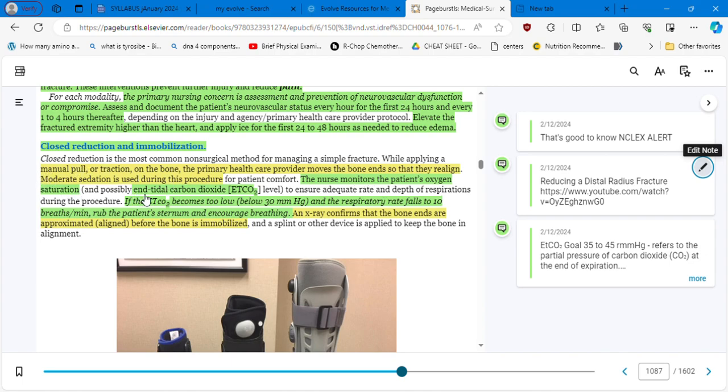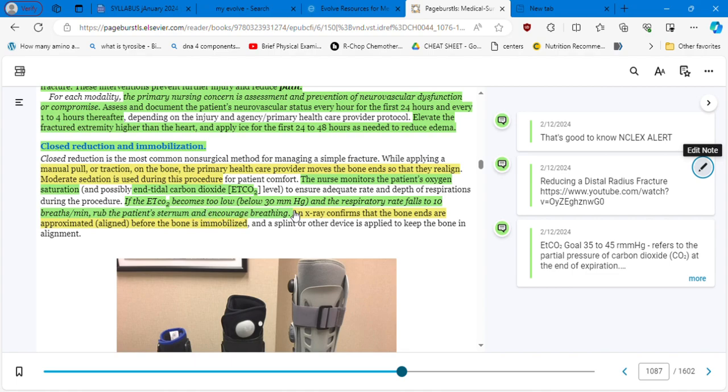And possibly the end-tidal carbon dioxide, which is the carbon dioxide pressure at the end of expiration, to ensure adequate rate and depth of respirations during the procedure. Okay, so if the ETCO2 becomes too low, below 30, and the respiratory rate falls to 10 breaths per minute, you can wake the patient's sternum and encourage breathing.